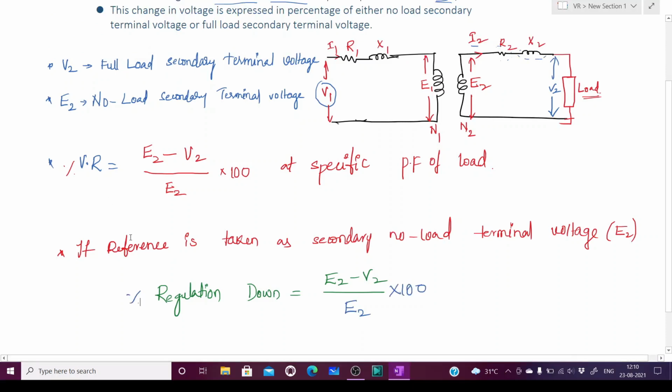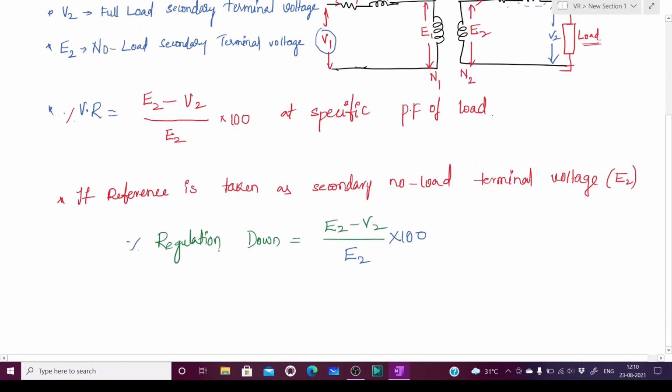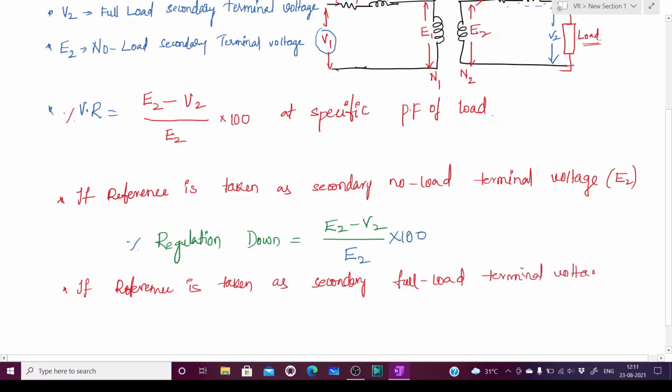And if the reference is taken as the secondary full load terminal voltage, that is V2, then the percentage voltage regulation is called regulation up, which is (E2 minus V2) by V2 into 100.